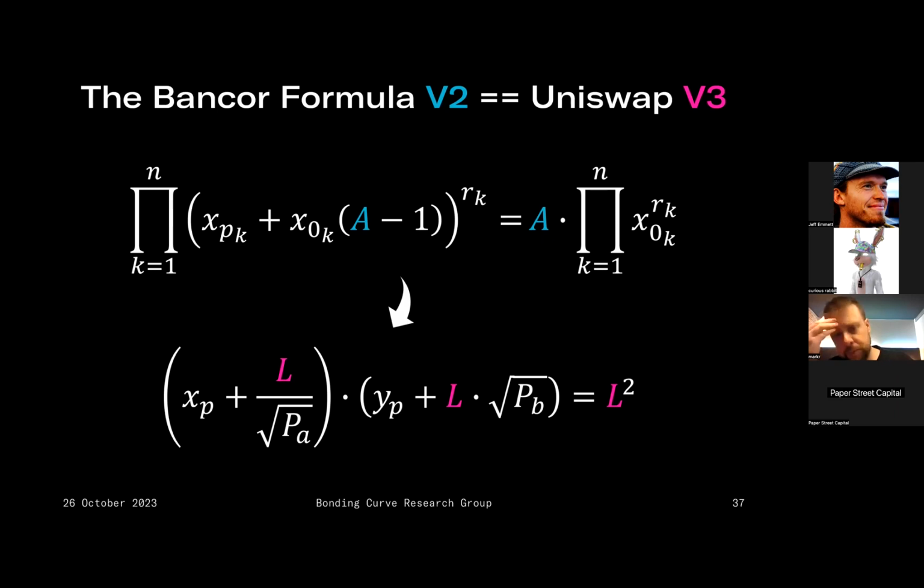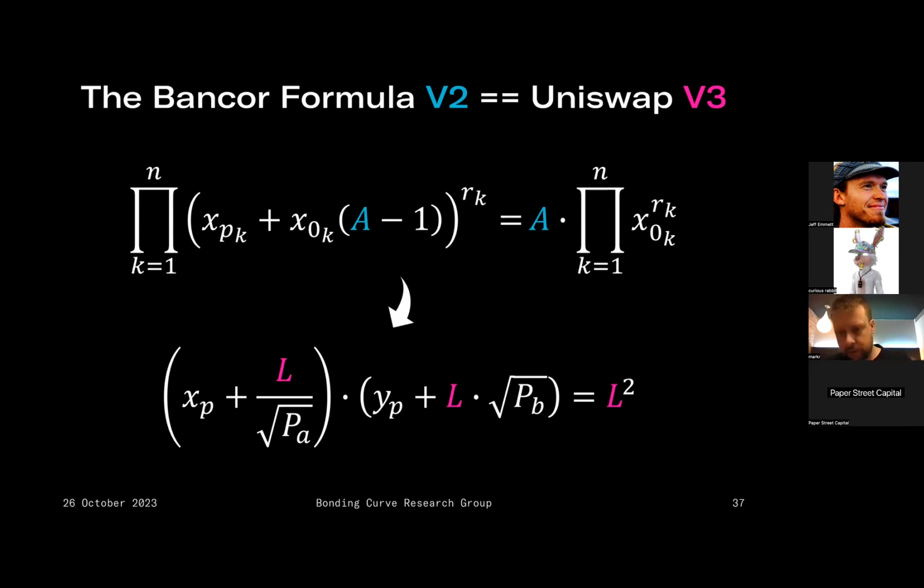And there's more than one reason for this. One is that I think that it is helpful to know that if you are implementing a bonding curve in a smart contract, there are a very large number of redundant ways to express exactly the same idea.